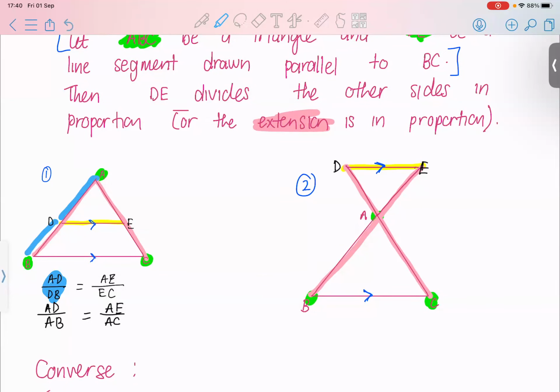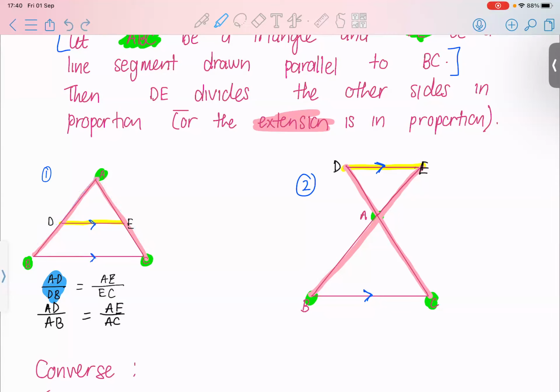So AD, one piece, over the other piece. It's looking at the two pieces that were created. And likewise, I compare that and observe that it's equal to the corresponding ratio created between the two pieces from AC. So that's one way of looking at it.